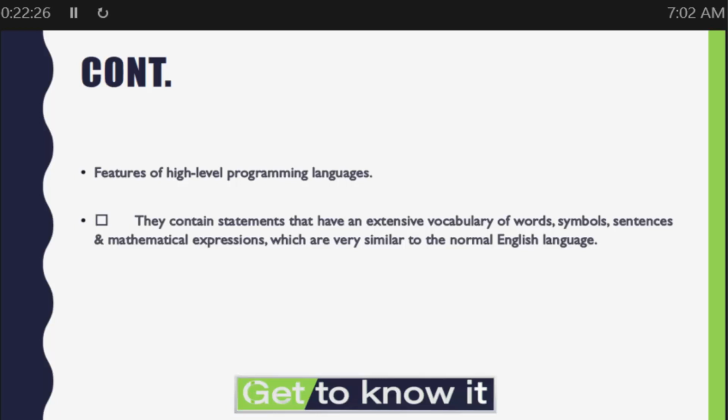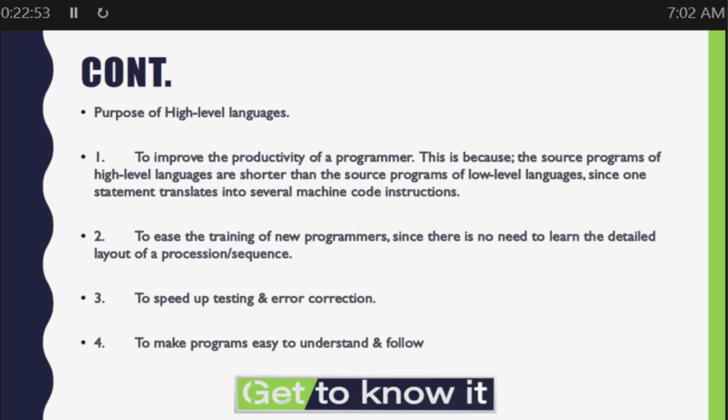One of the problems was that you were writing in a foreign language. To overcome that, high-level programming languages were developed in such a way that we can use a vocabulary that is close to the normal English language which we usually use.